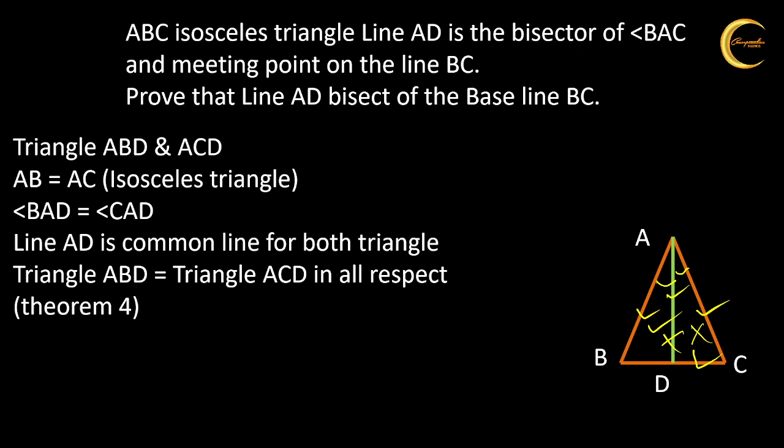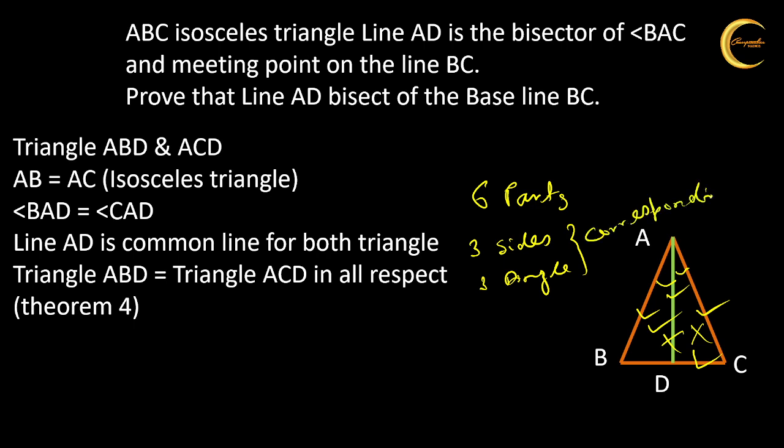In all respects means these two triangles have 6 parts equal. 6 parts means 3 sides and 3 angles. You can say these are the corresponding parts. This is important, this corresponding.